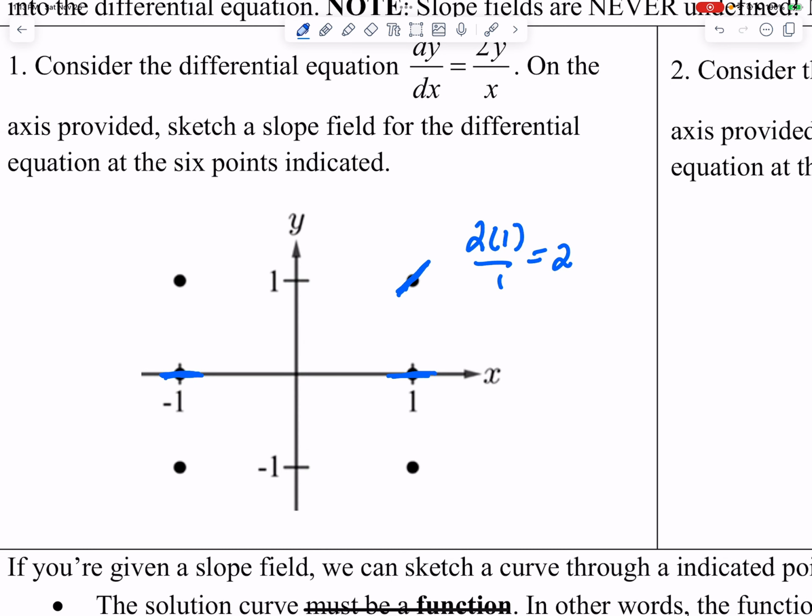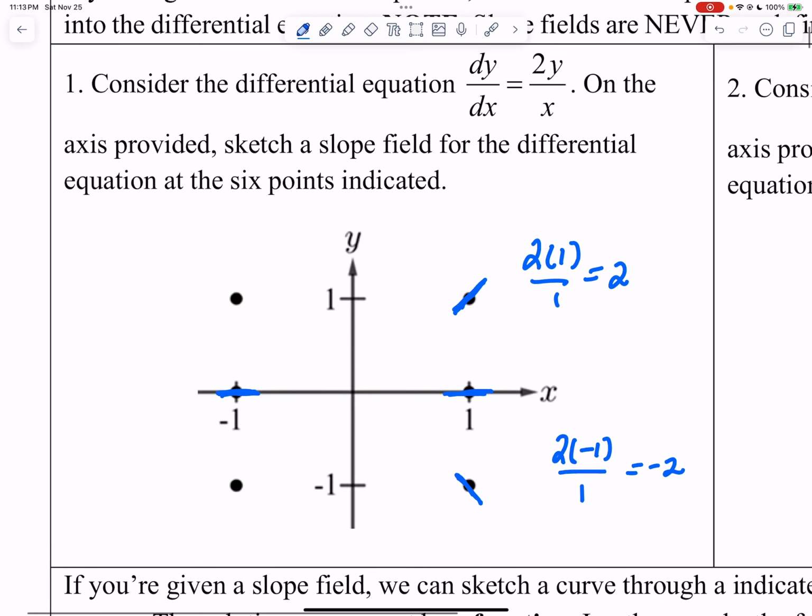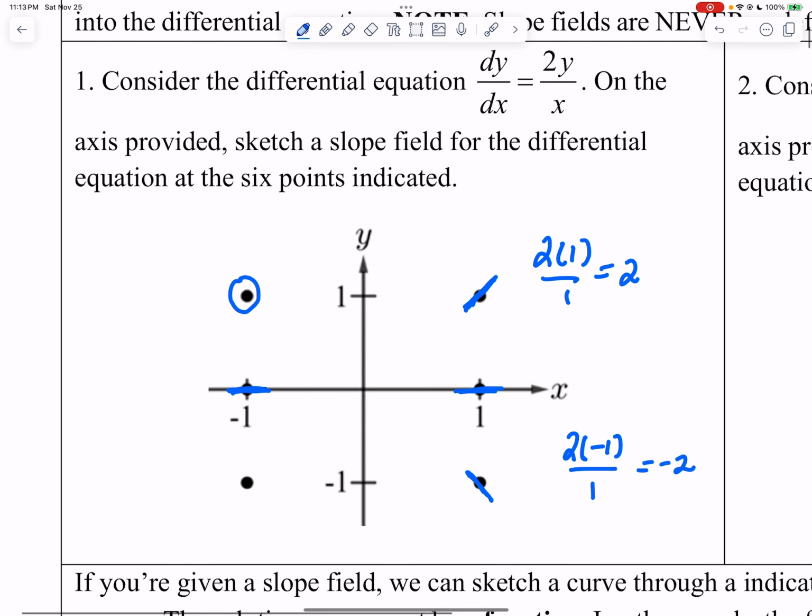Same thing with 1 and negative 1 right here. So 2 times negative 1 over 1 is going to give us a slope of negative 2. As long as it's negative and as long as it doesn't look that steep, you are good. So we're going to say that's negative 2. Same thing here. So 2 times 1 over negative 1, which gives us a slope of negative 2.